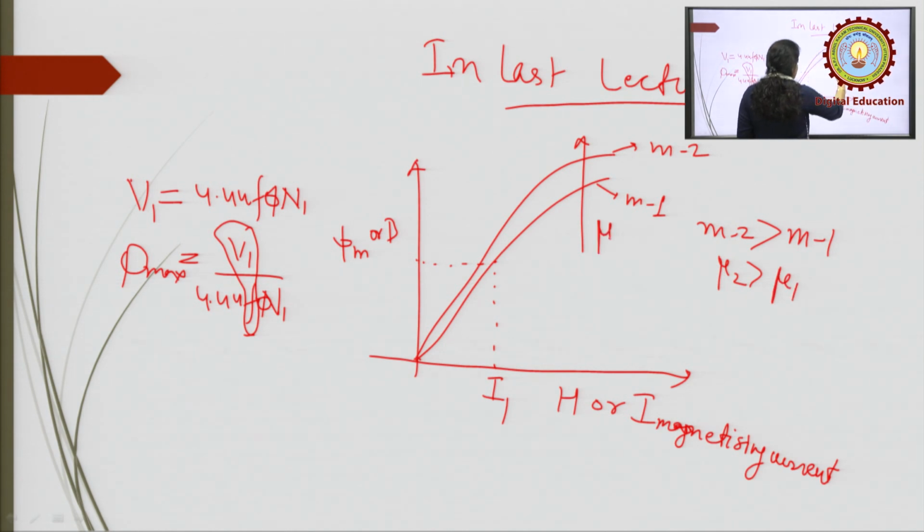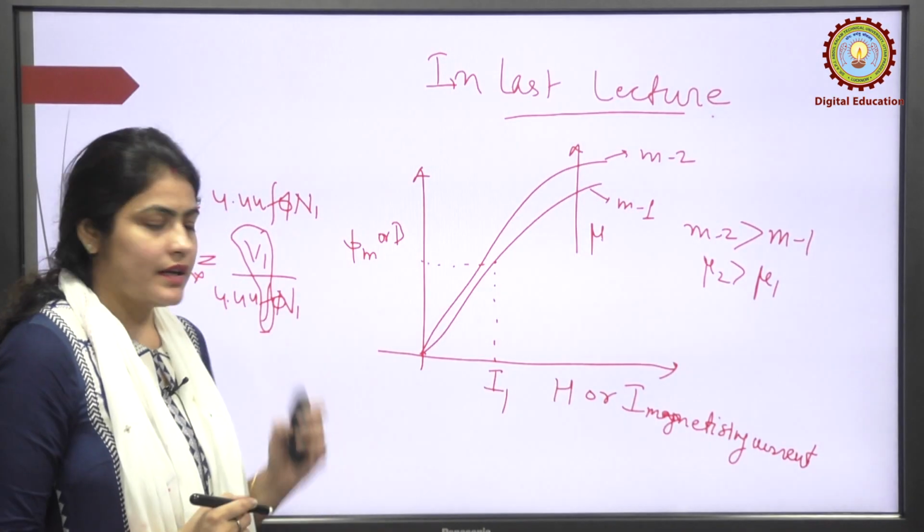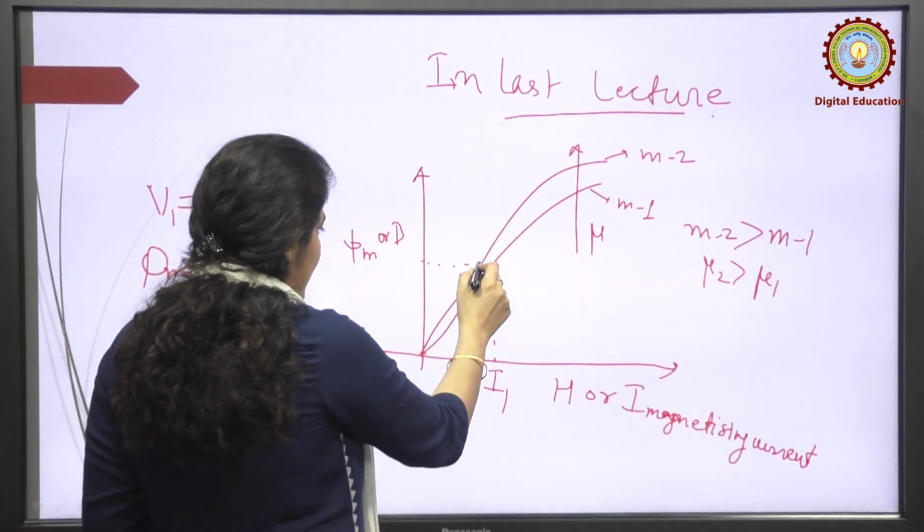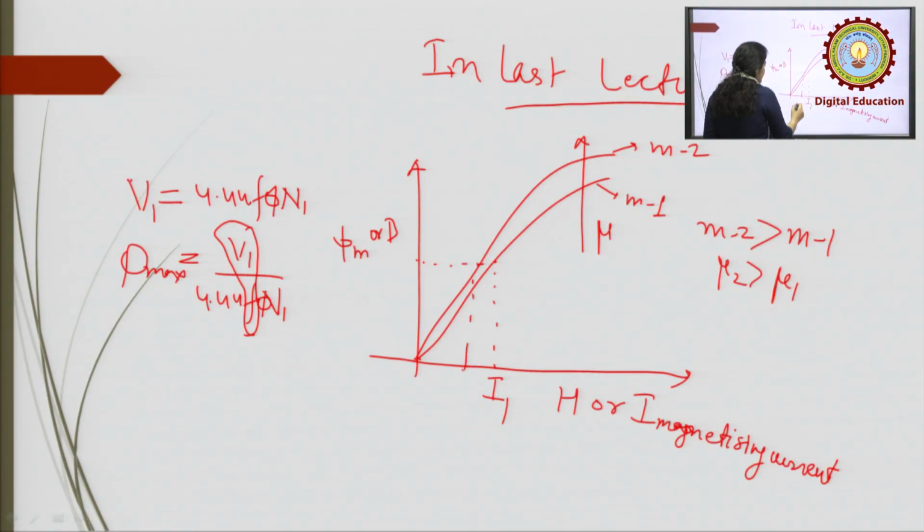As the permeability increases, the current required for the same flux reduces, and this current is called the magnetizing current.